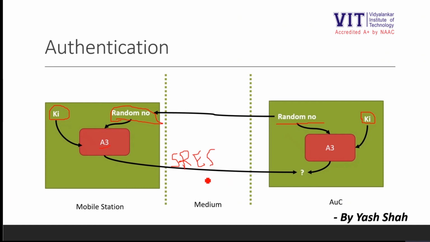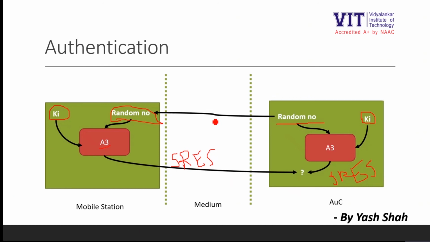This secured response is then forwarded to the AUC, that is the Authentication Center. The AUC, using the random number and the KI received from HLR or VLR, generates its own SRES. The two SRES are compared by the AUC, and if they match, then the user is authenticated.